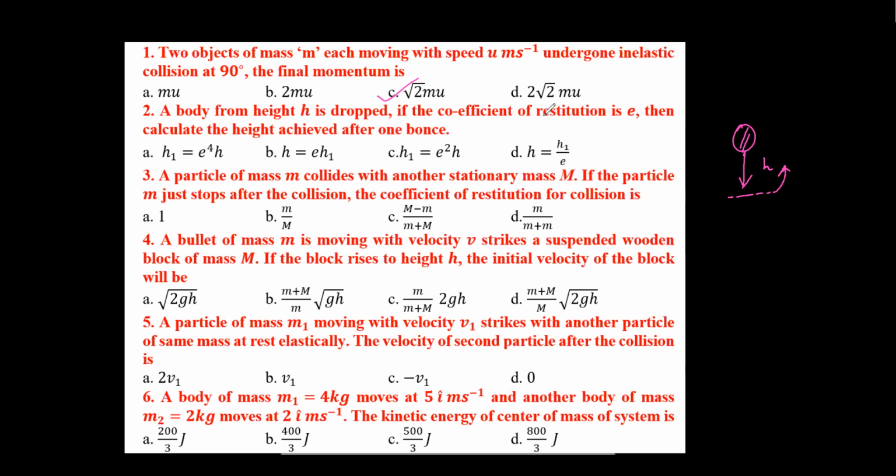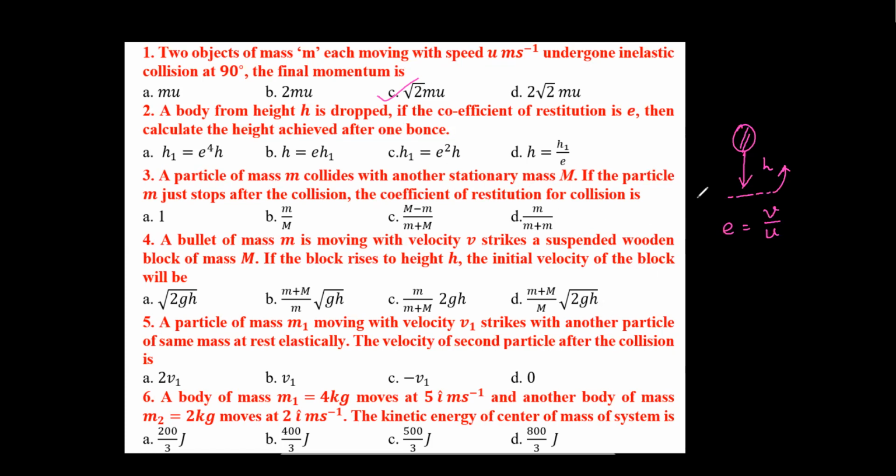The coefficient of restitution is the ratio of final velocity to initial velocity. Everybody knows this. Then we have to calculate the height achieved after a single bounce.